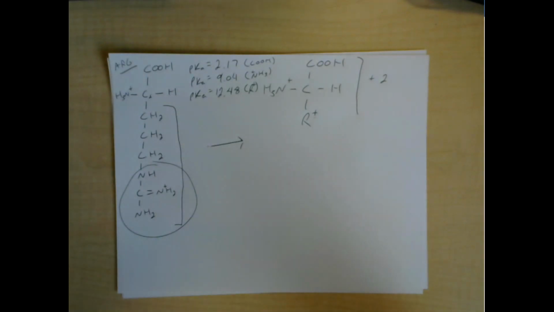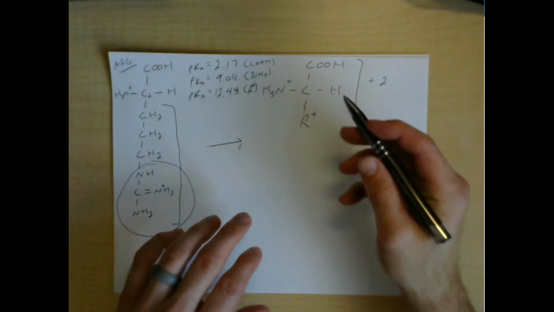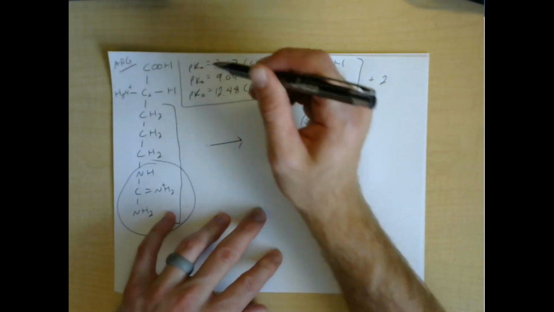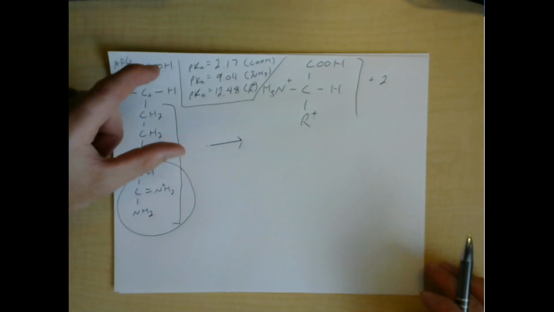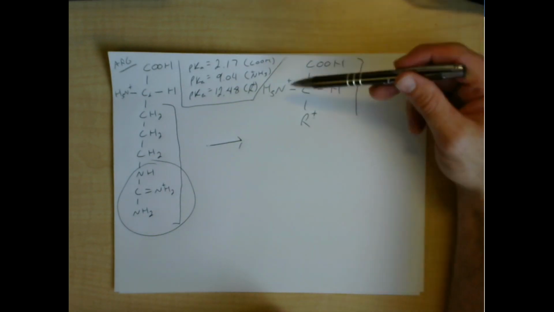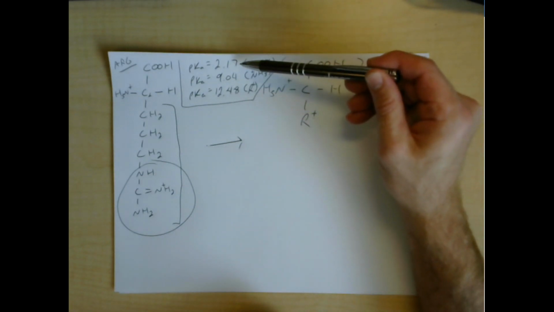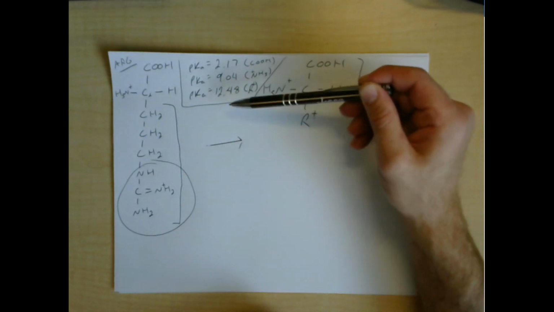I apologize, my handwriting sometimes does look like chicken scratch, but I've tried my best to give you in a semi-organized way what you need here. So I have my 3 pKa's. I have my fully protonated structure. I know that if I order these, 2.17 comes before 9.04 comes before 12.48.